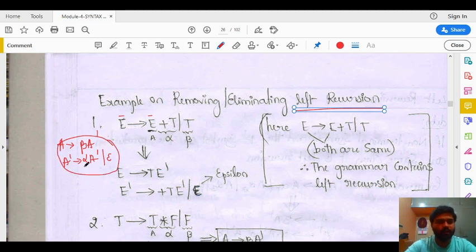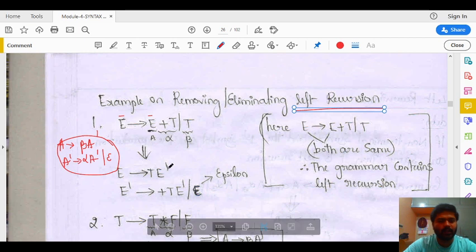So always understand the ground rule clearly, so that if you follow this particular value, you will easily understand how exactly it is working, right? So here you can see this is A. So what is A? E, right? So what is A dash in our case? E dash, right?